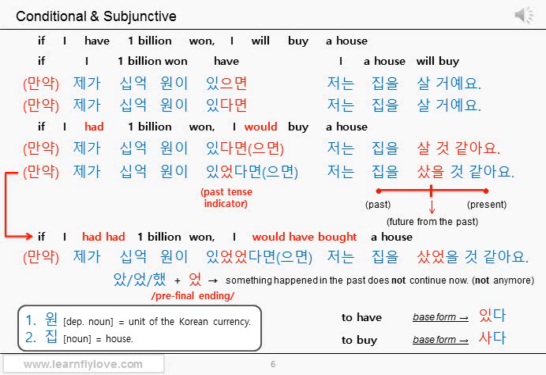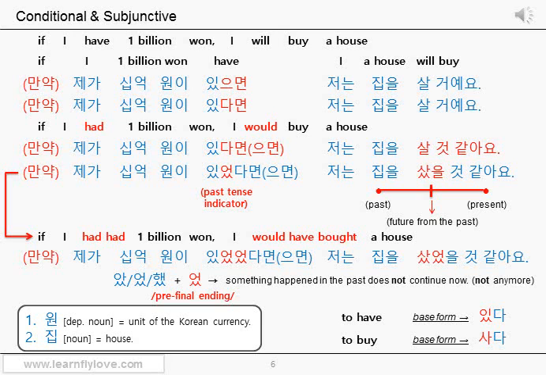But please think more carefully about the sentence one more time. 만약 제가 10억 원이 있었었다면. We can already know that you didn't have that money in the past because of the past tense indicator. Then do we really need to add the extra meaning not anymore here? No, I don't think so.